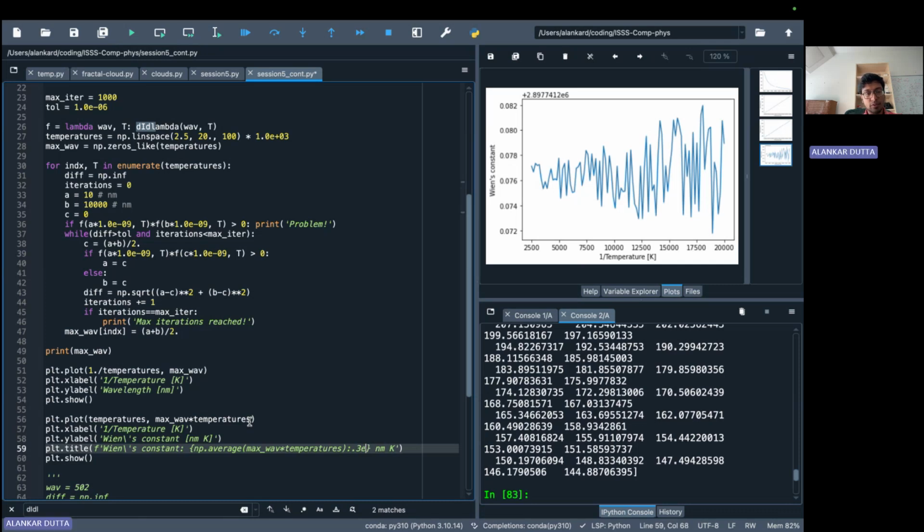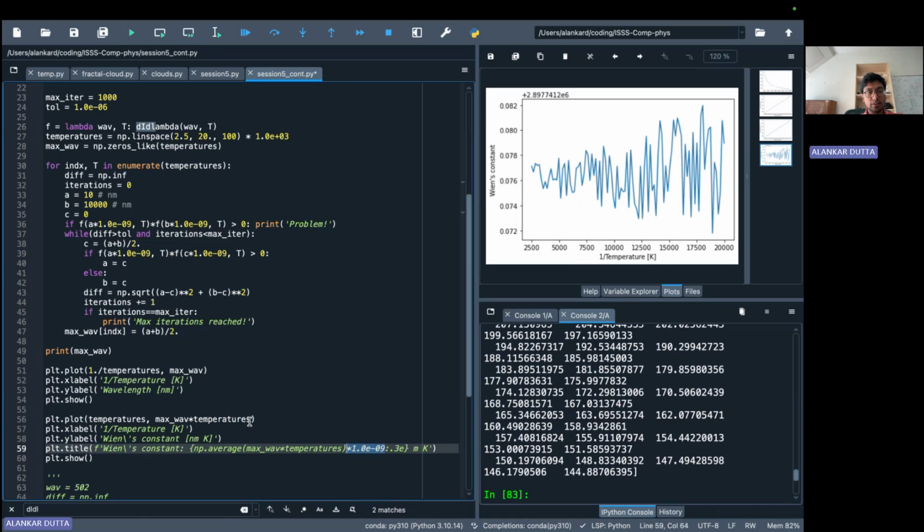So let's write it in terms of meters per Kelvin. If this is in meters per Kelvin, then this should also be multiplied by 1.0 E minus 9.